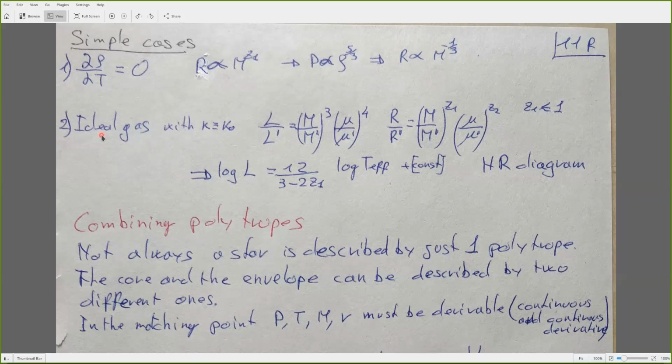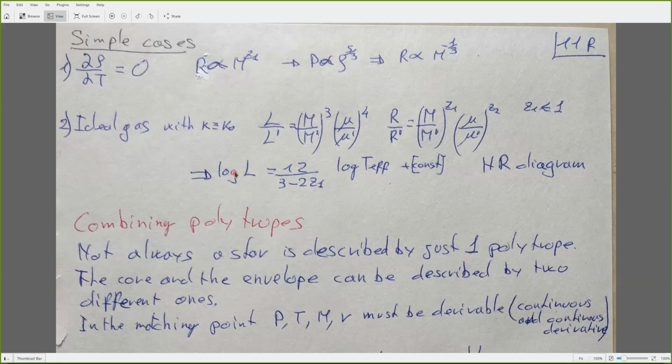For an ideal gas with a constant opacity, putting it together, we have this relation with an exponent that is a little less than 1, it doesn't change a lot. And from this one, we can do the calculation, relating not luminosity with the mass, but luminosity with the surface temperature, the effective temperature.